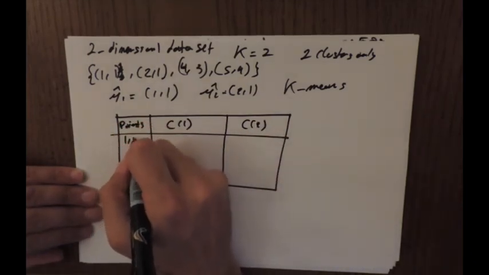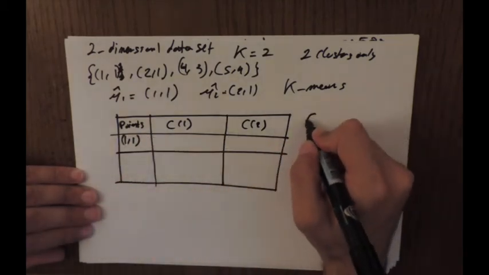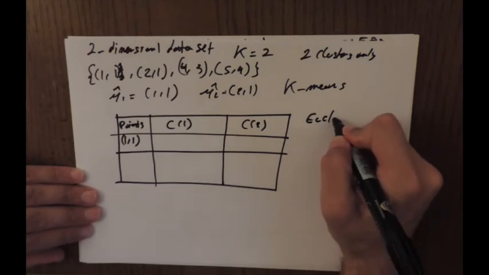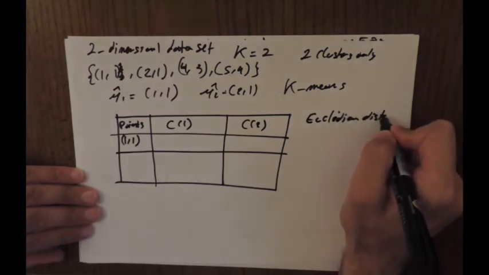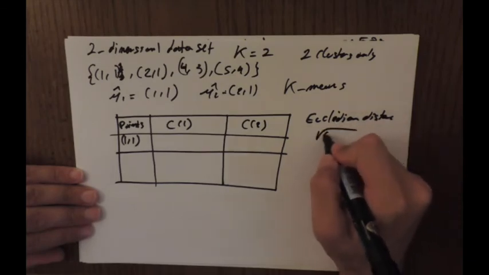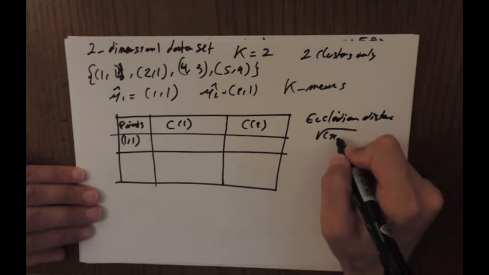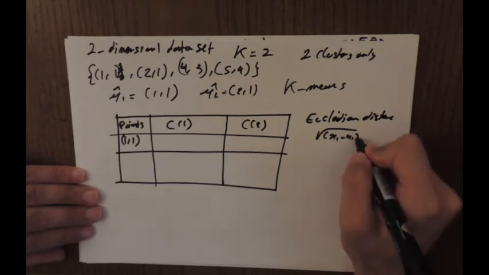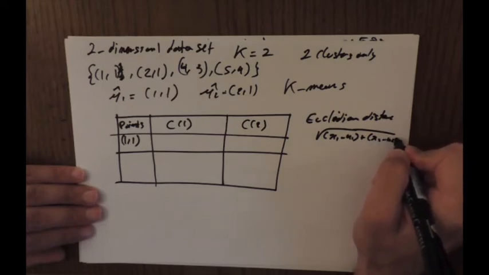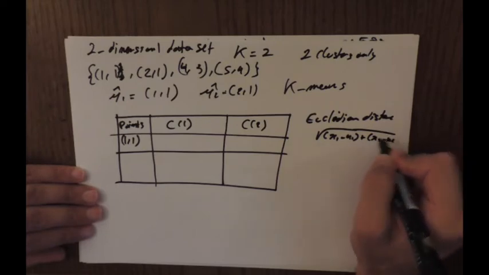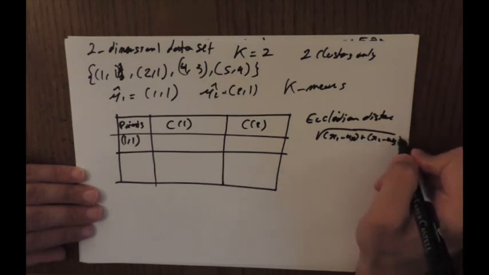So if I try 1, 1, which is the first point, I find the Euclidean distance, which is the square root of x1 minus mu1 and x2 minus mu2, well, it's not mu2, it's actually mu x or mu y.